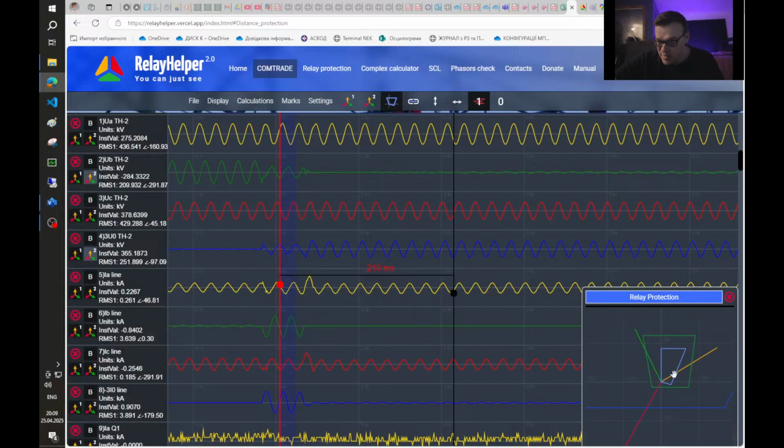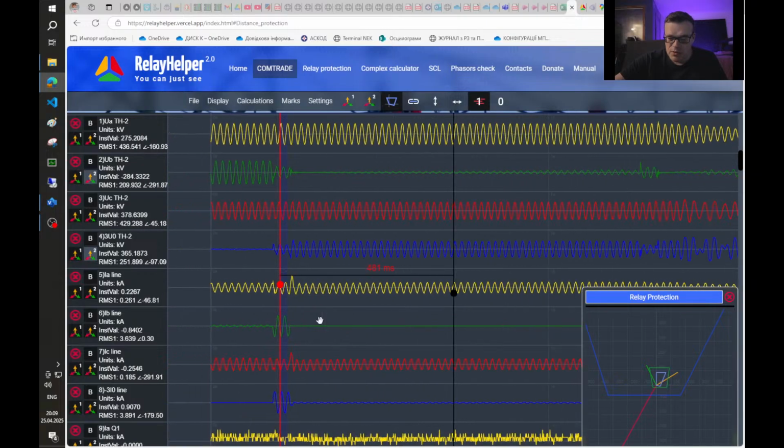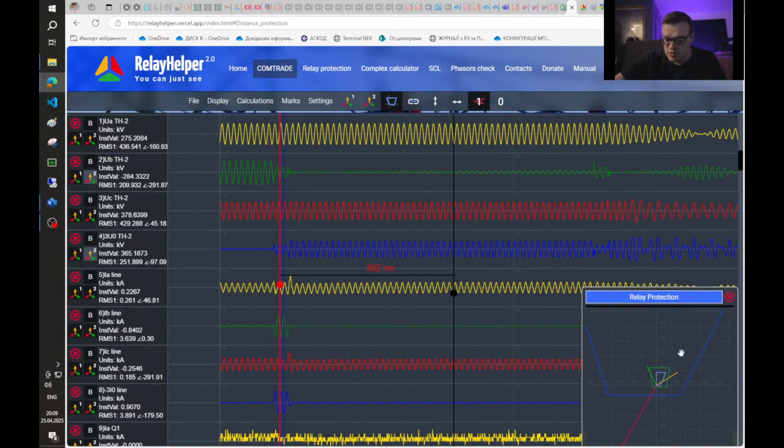It's only in the third zone, this short circuit, and the third zone has a lot of time. It has almost 5 seconds, and this is such a long time, as I said earlier, because it reserves short circuit on the low side of the auto transformers.